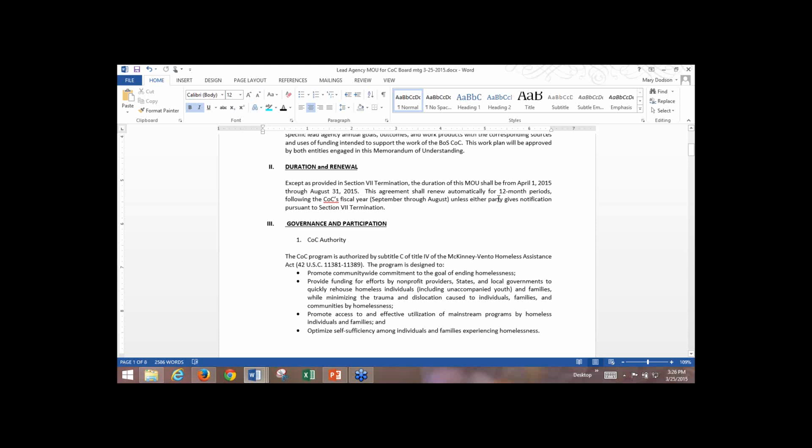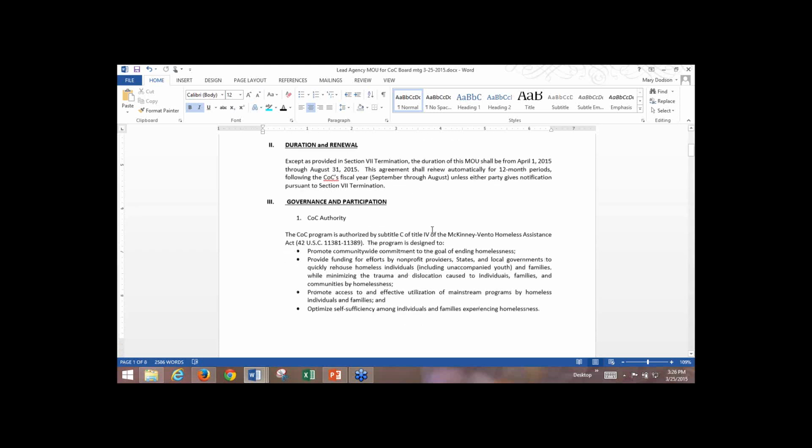We do have a date provision in this one that, if approved, this first version will be in effect from April 1st of this year through August 31st, and then we'll review it again. It says we'll renew automatically for 12-month periods following our fiscal year, but I think for this first year we would certainly bring the MOU back to the COC board for their approval as well.